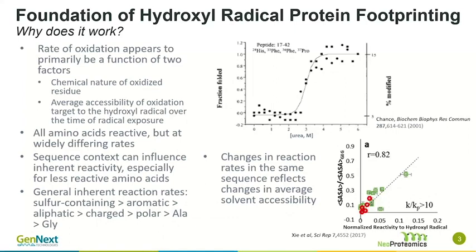If you're looking at two structural states of the same polypeptide chain, the chemical nature of a given amino acid is identical because it's the same polypeptide chain. What can change is the average accessibility of that target to the solvent. And so we can interpret increases in the amount of oxidation in conformation B versus conformation A as directly correlating to increases in solvent accessibility, and vice versa.